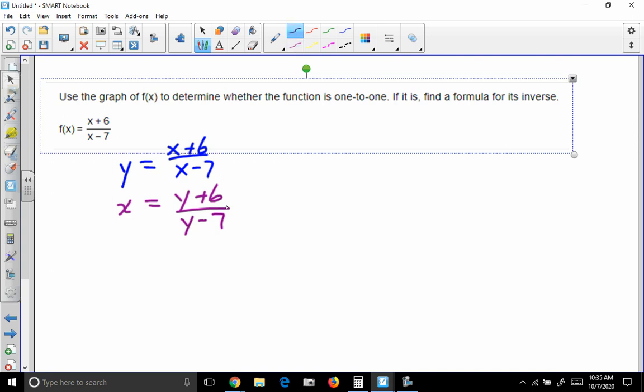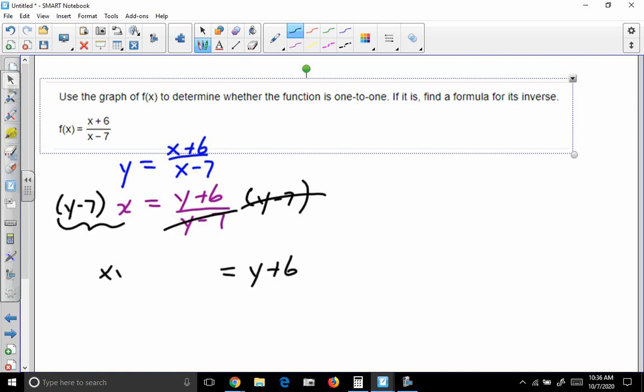So let's begin by getting rid of our fractions. To get rid of the y minus 7 on the bottom, we multiply both sides by y minus 7. So those cancel. So on the right side, we have y plus 6. On the left side, let's get rid of the parentheses, so let's distribute x, x times y and x times minus 7.